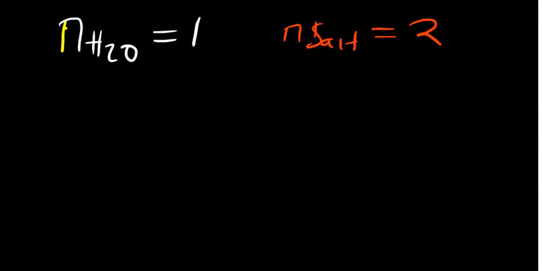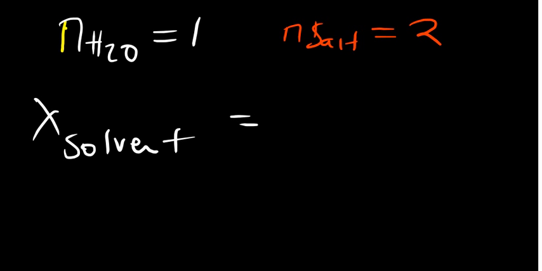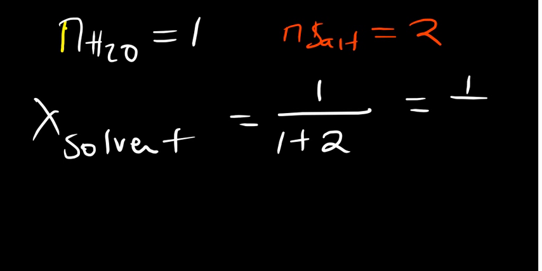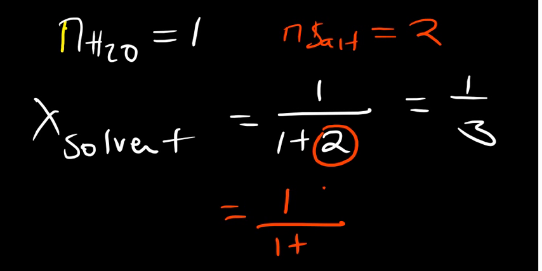So you're trying to determine the X solvent, the mole fraction of the solvent. You're trying to compare the number of moles of the solvent itself over the total number of moles in that solution. So this is going to be 1 over 3. Now what happens if you increase the number of moles of the salt? What happens if you make it 3? You're going to have 1 over 1 plus 3. It's going to be 1 over 4.